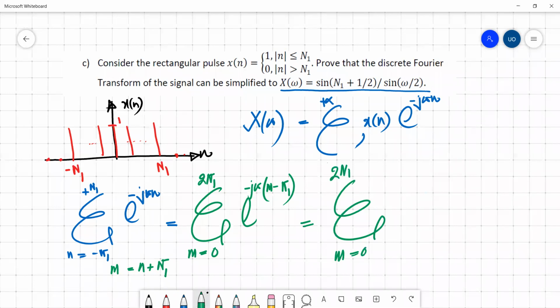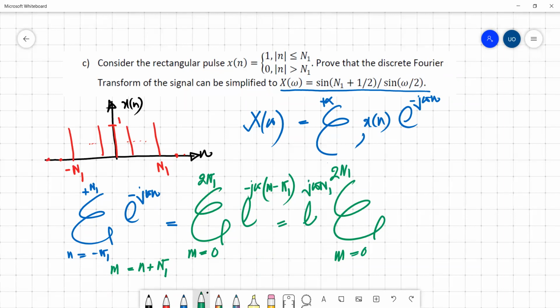If you expand this exponential term, we have minus j omega m and plus j omega N1. This j omega N1 term is independent of the index m, so you can bring it outside of the sum as e to the power j omega N1.